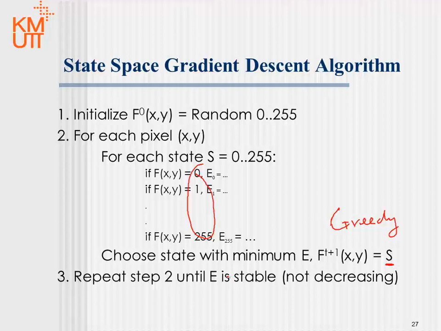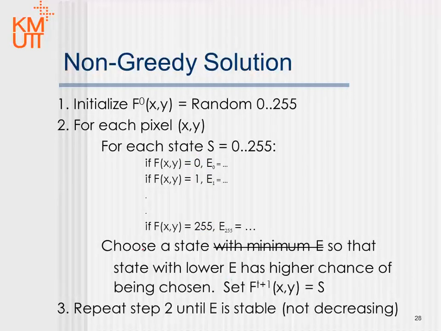Okay? Well, yes. A non-greedy solution might be this: if we don't want to be greedy, instead of always choosing the best state, we might choose a state where we have a bias towards solutions with low energy, but we don't always choose the lowest. We are biased to the low side. So we have a bias, but it's not 100% bias. We are biased, but we might possibly consider other solutions, we might possibly consider bad solutions.